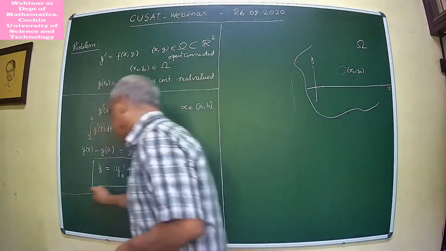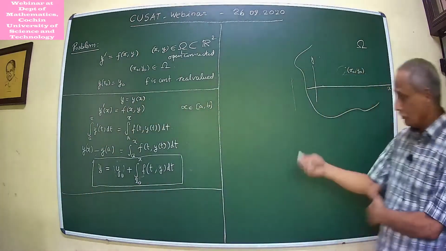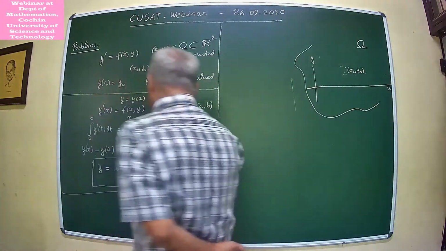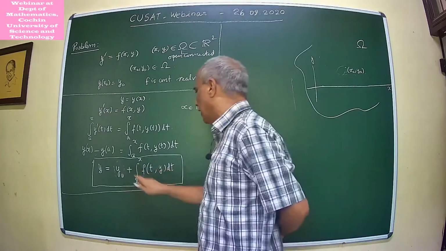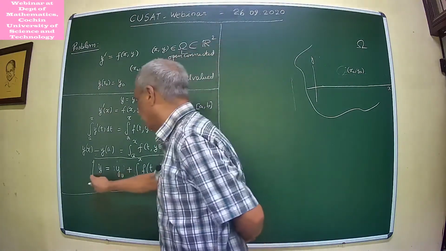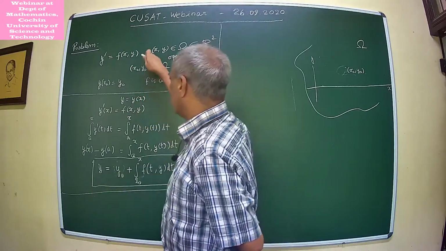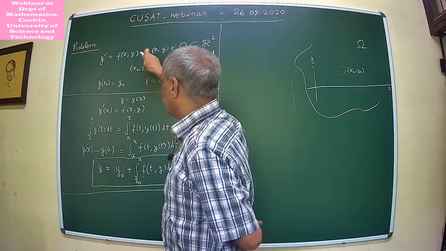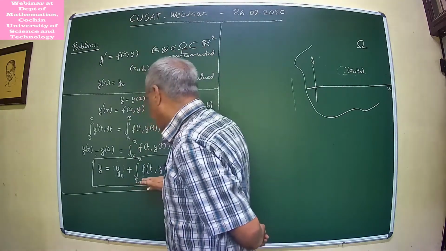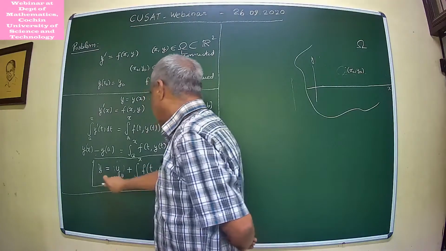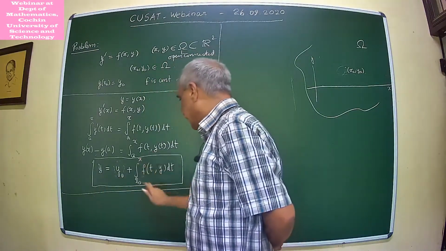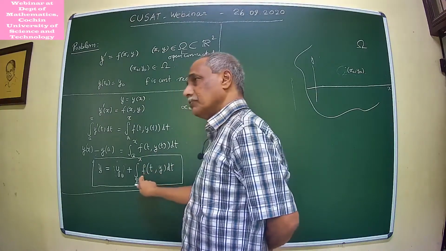I am being brief on this because there are a lot of things that can be said at this stage. Now if you look at this, what is the solution? Look at this equation. This equation is equivalent to the initial value problem. We have not solved it because y is involved here, y is also involved inside the integral and inside f.